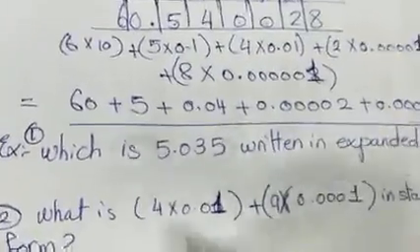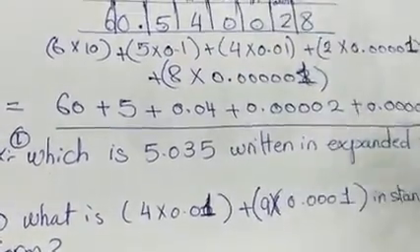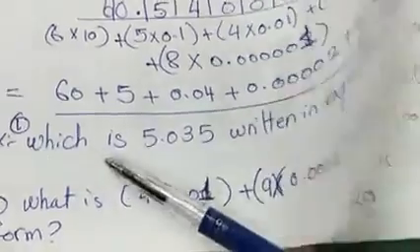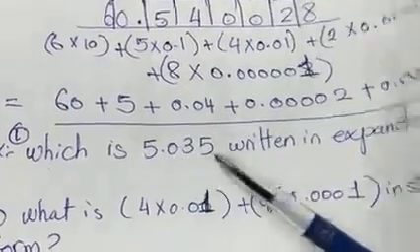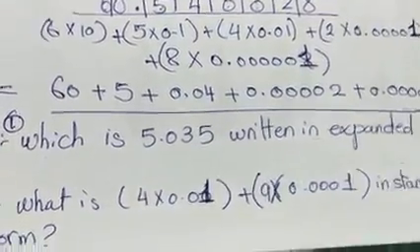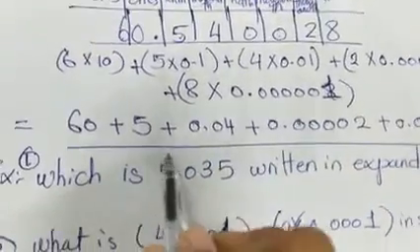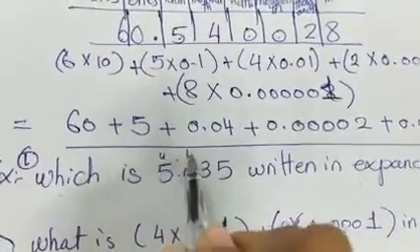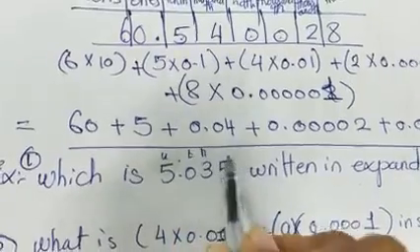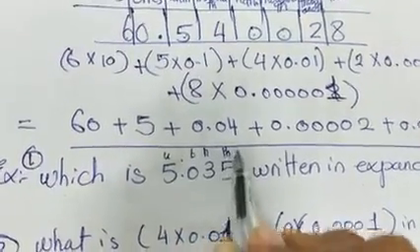Now, the first question I have in the expanded form is 5.035 written in expanded form. How will I type it? I will have here units, then tenths, then hundredths, then thousandths.